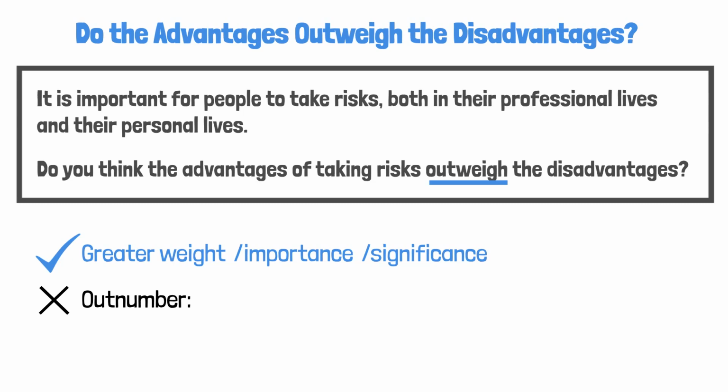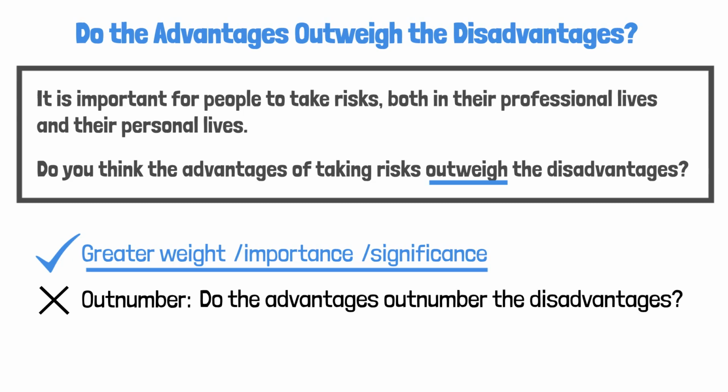That's not what they are asking. They are asking which side is more significant. If they wanted to ask if there were a greater number, regardless of importance, they would have used the word outnumber. They would have asked, do the advantages outnumber the disadvantages?